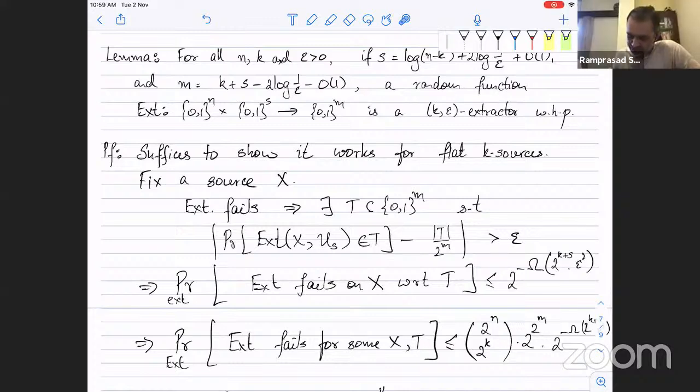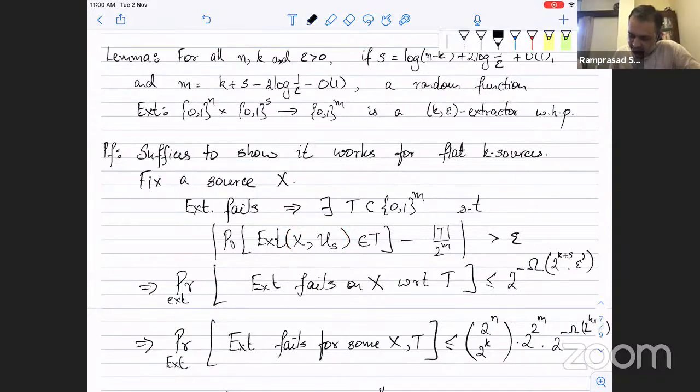Okay. So let's do the following. Let's basically think of this extractor of k comma s. This is currently chosen to be a random function. Which means for each of the points in the domain, a random output string was assigned. So when this extractor is picked at random, what is really happening is that you're looking at all possible things in the domain and how many of them there are.